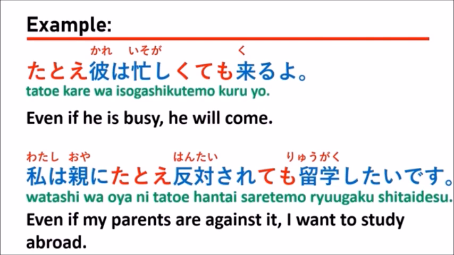In this sentence, it means that you have your opinion or your idea. You are thinking that you want to study abroad, but for example, your parents disagree with your opinion. Even if your parents disagree with you, you still want to study abroad.